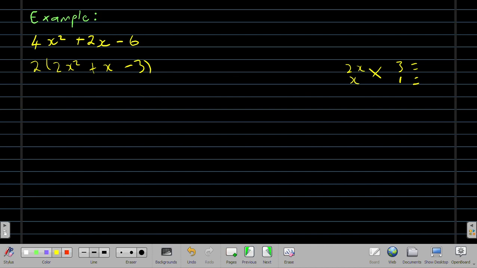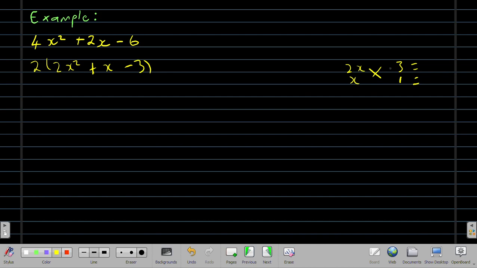Since here's a positive x squared, we want the much larger number to be positive and the smaller number to be negative, so that when they add with each other, it gives you a positive number. The strategy is the same as before.